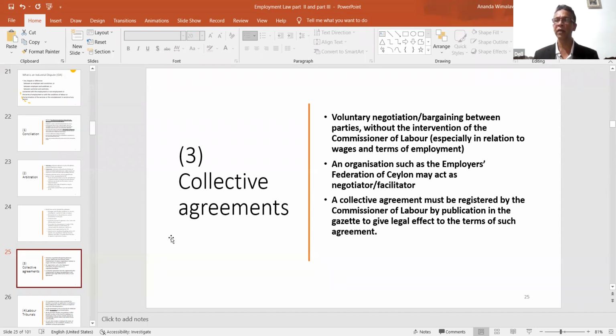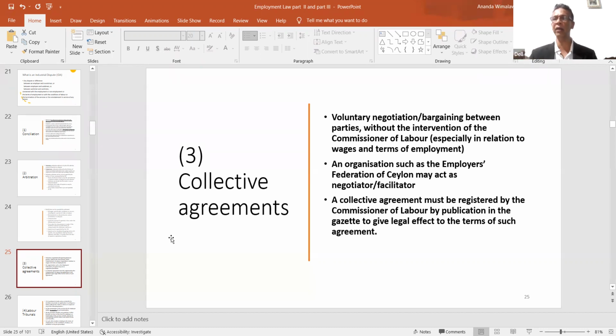Then the workers vote in favor of the trade union or against the trade union. If the referendum ensures that the trade union has 40% membership of the total workforce in that organization, then the employer cannot refuse the bargaining.